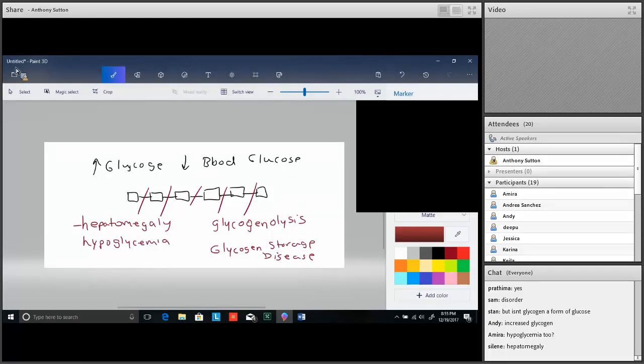Does everybody follow me? Everybody understand that? So that means every single glycogen storage disease, one of the signs is hepatomegaly and hypoglycemia. That makes sense. Everybody with me?